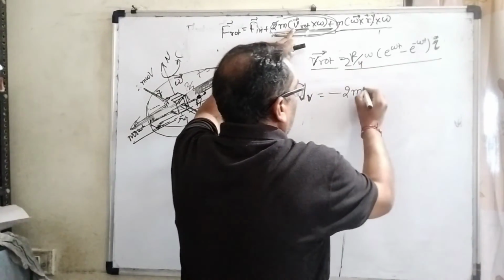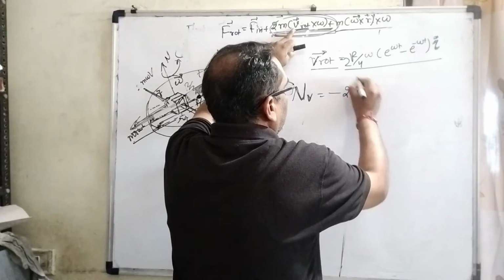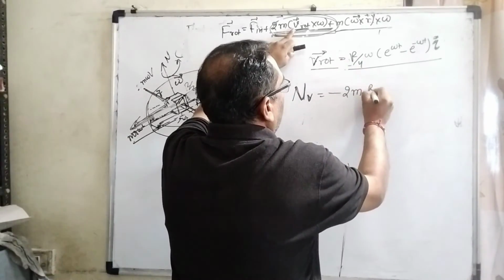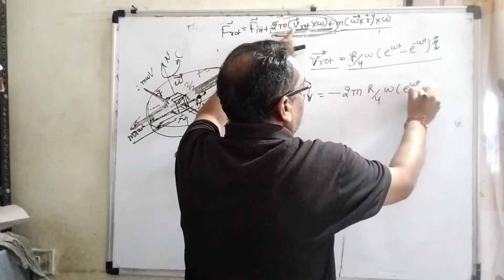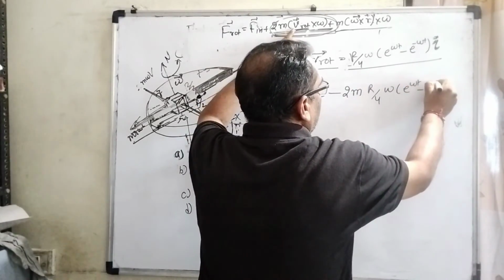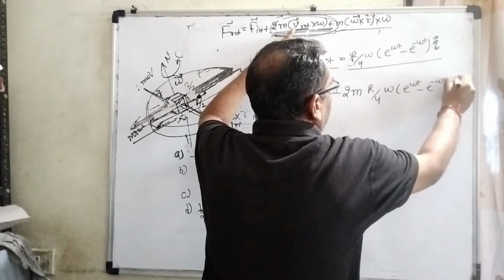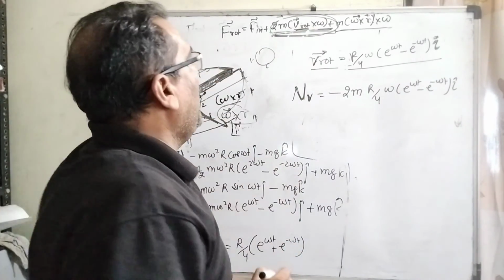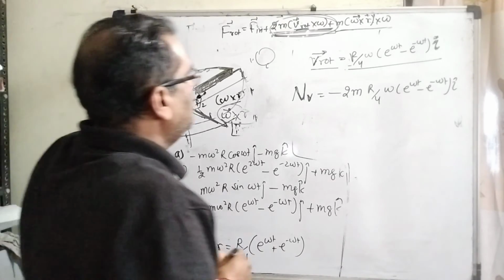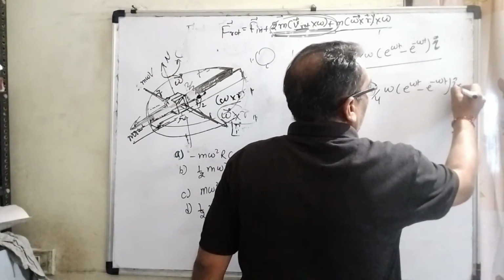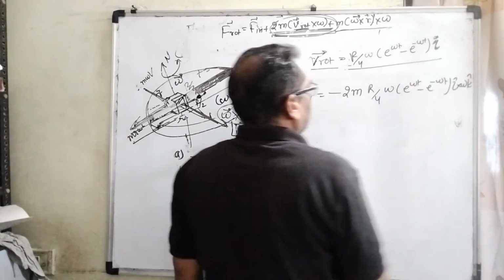The total value of v rotational can be written as r by 4 omega e raised to power omega t minus e raised to power minus omega t i, and omega is the angular velocity, which is perpendicular to this horizontal, so omega k.